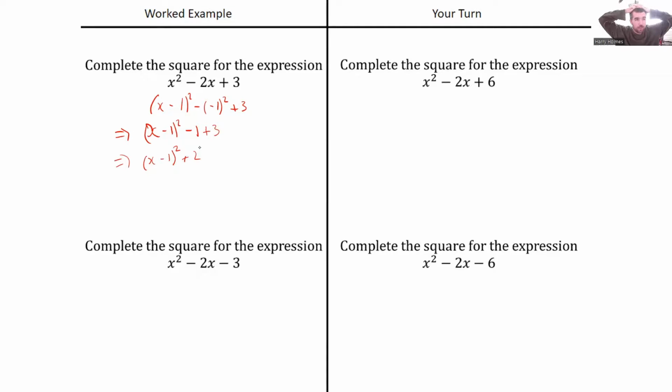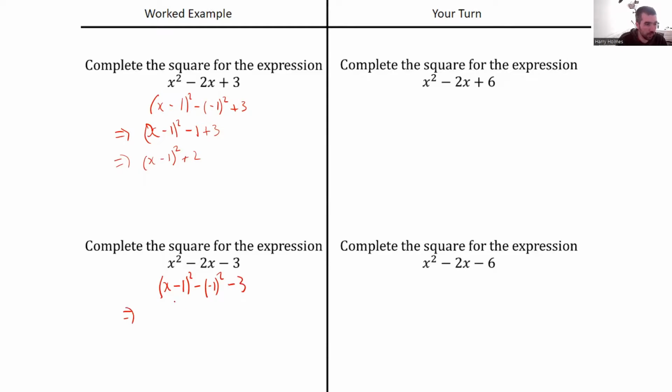But if you're okay, we'll go on and do the second example, and then you can pause it and try something yourself. So the second example, much like the first, really, there's nothing massively different going on here. So we're going to start by completing the square for x squared take 2x, which is x minus half of that minus 2, which is minus 1. So x minus 1 squared, take away my minus 1 squared, and bring down that other number that's still there.